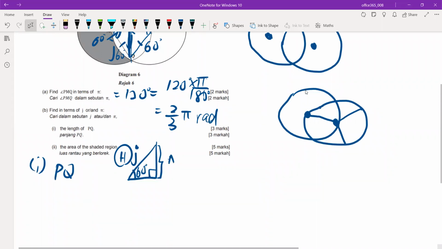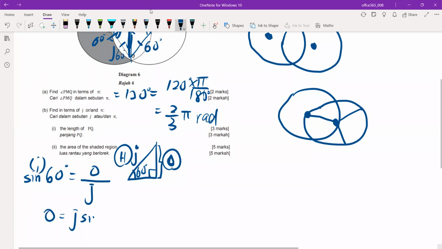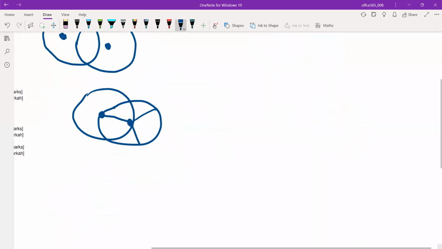You want to find the opposite. Use what? Sine angle 60. Sine angle 60 equals opposite over hypotenuse. So opposite equals J times sine 60. Is it?